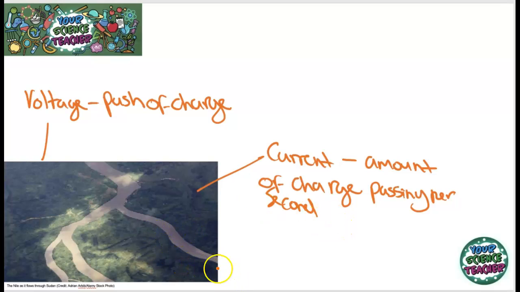And then finally, another key term is resistance. And that is things that obstruct charge going around a circuit. Now, in a river, there's lots of things that can obstruct the water moving, isn't there? Like rocks and boulders and twists and turns. And the same thing applies to electricity moving around the circuit.